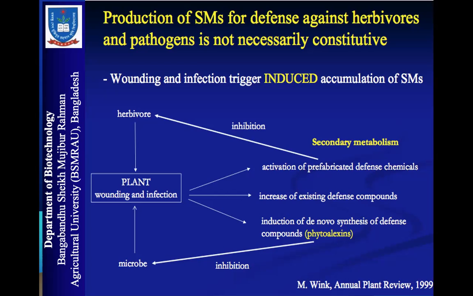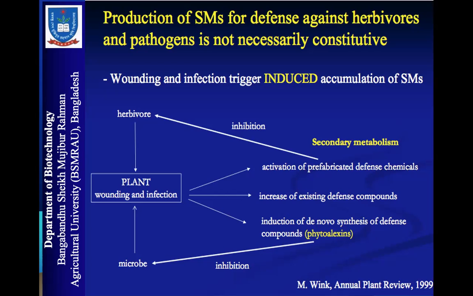The other way is induction of de novo synthesis of defense compounds. They are called phytoalexins. Phytoalexins are not constitutive secondary metabolites, but when plants are infected by microbes or attacked by some other herbivore, they can synthesize new compounds.